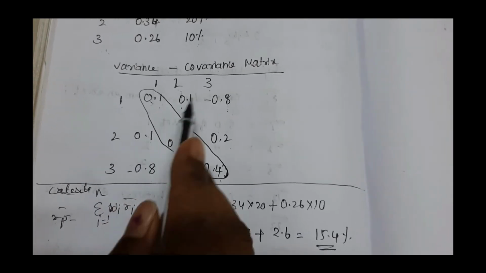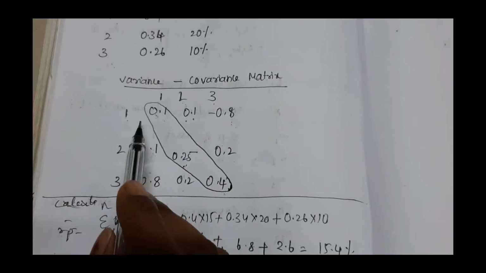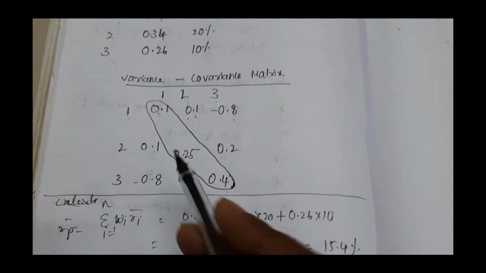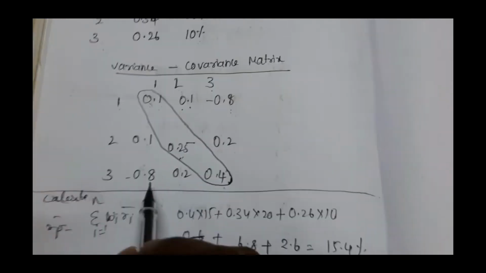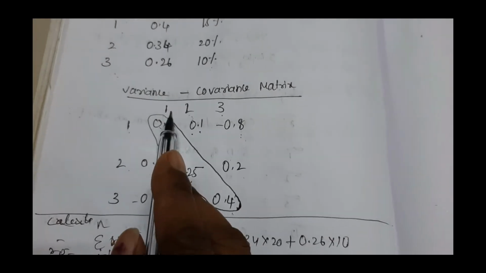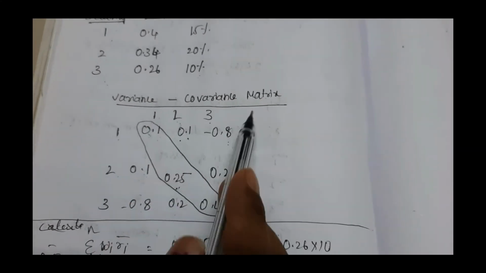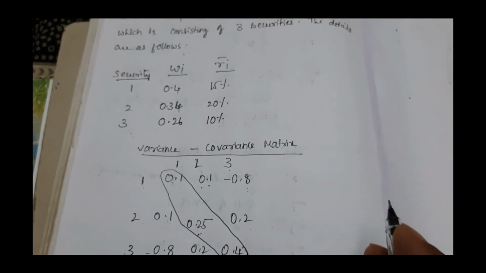So these two will be the same, because these are the covariances of securities 1 and 2 and 2 and 1. Both of them are the same. So here minus 0.8 represents the covariance between securities 3 and 1. So like this the covariance matrix will be given, and from it we have to find the expected return and risk.